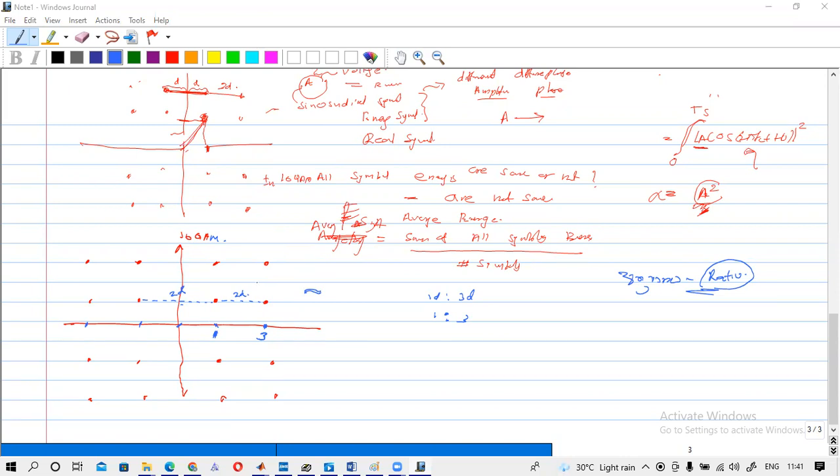So for any QAM constellation, you can get the ratio. The requirement is that the distance between two adjacent symbols should be the same. Then you can get the ratio of this distance, so it is 1 to 3. Here also this will be 1d and this will be 3d, so 1 to 3, and here also 1 to 3.